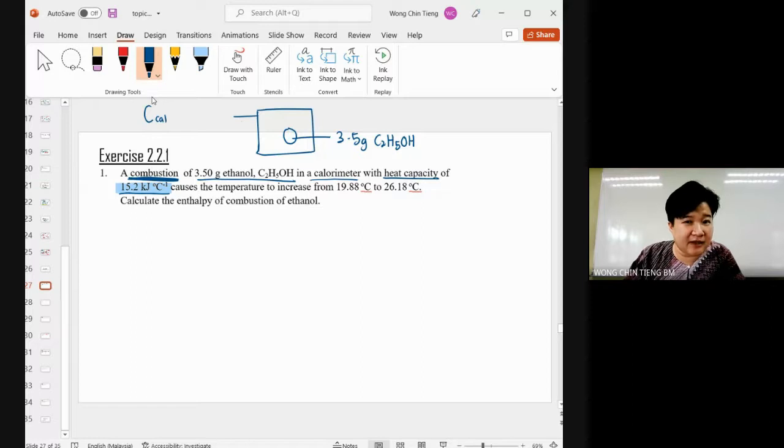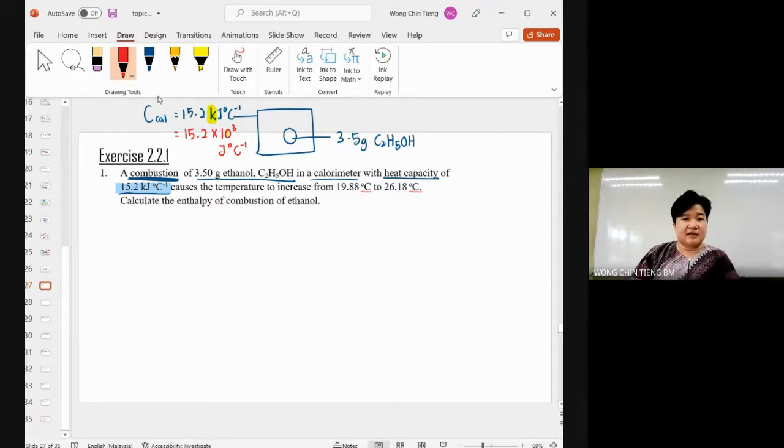Alright, C besar calorimeter punya 15.2 kilojoule degree Celsius^-1. And guys, can we use kilojoule? No. We change it to joule. 15.2 times 10 to the power of 3 joule degree Celsius^-1.